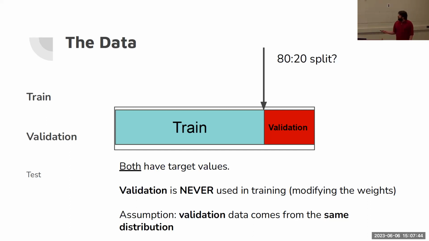The other critical thing is the validation set is never used in training. And by that, I don't mean the training process, because clearly it comes in. I mean, it's never used to modify the weights. It's not involved with the back propagation.